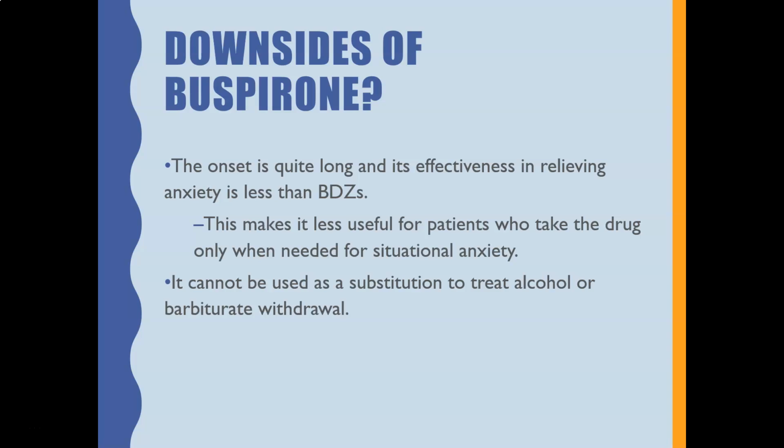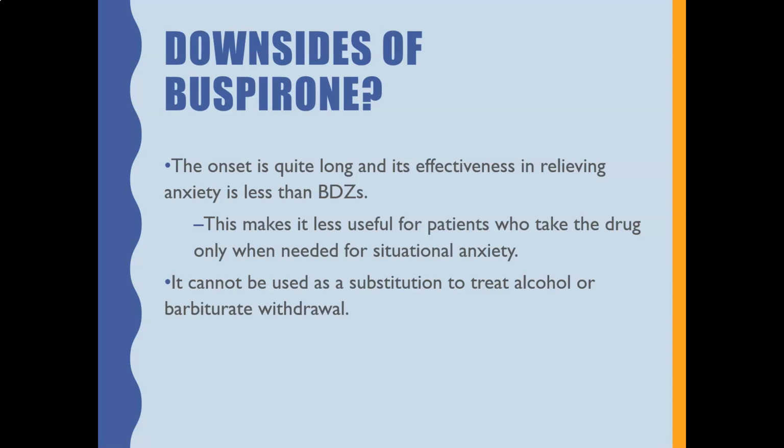It's not going to be good for somebody with situational anxiety, when they find themselves in a situation that doesn't occur all the time, but occurs every so often, and they need that anxiety to come down quick. Buspirone's not really going to work that way. So it's better for GAD, but not much else.